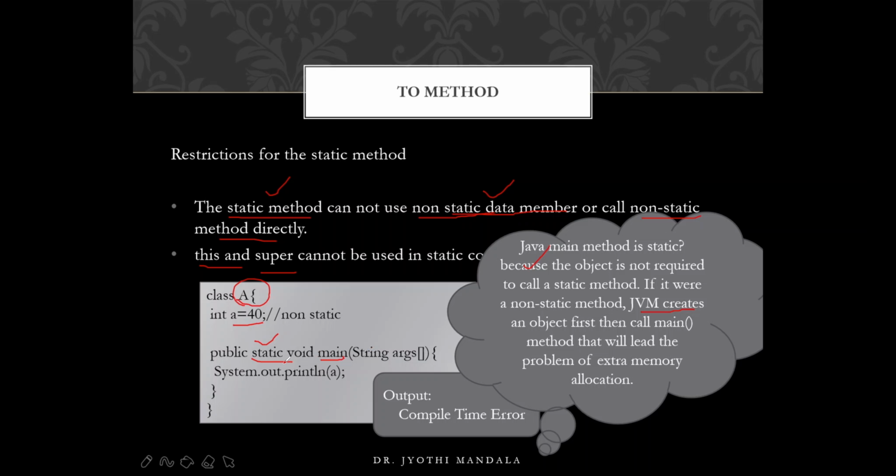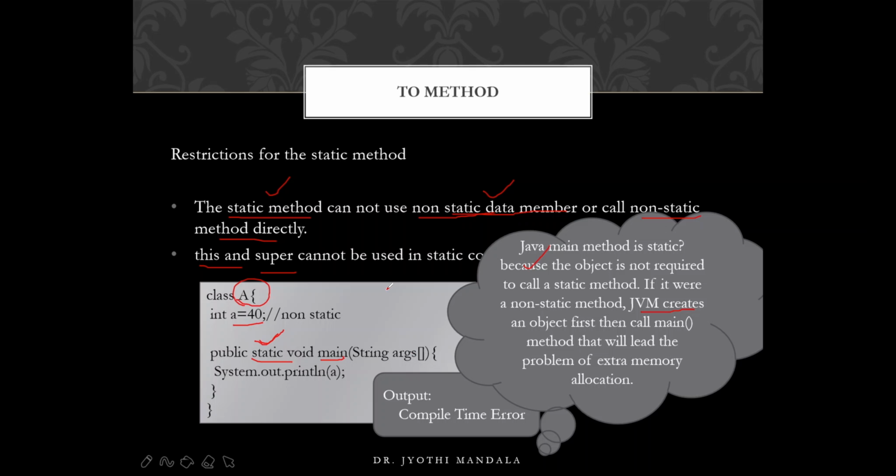That is why we have done this. I hope you all are clear with this. To save memory and to call this main method automatically whenever you run your program without creating the object, we made this one static. That is the reason we kept this static keyword in front of it.